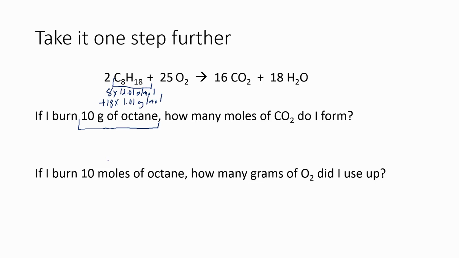So we have 12.01 times 8 plus 18 times 1.01. And we get a molecular, or a molar mass, I should say, of 114.26 grams per mole. Not rounding, don't need to round yet.